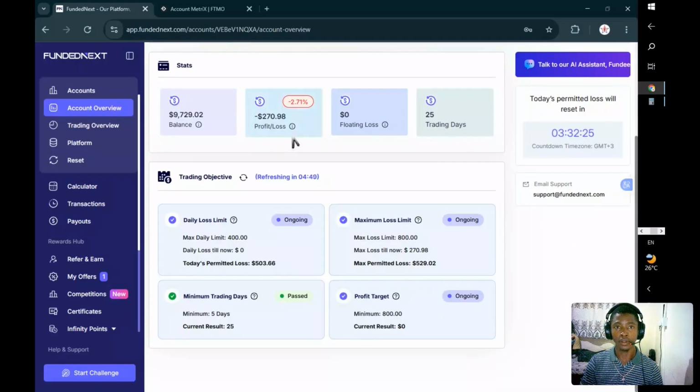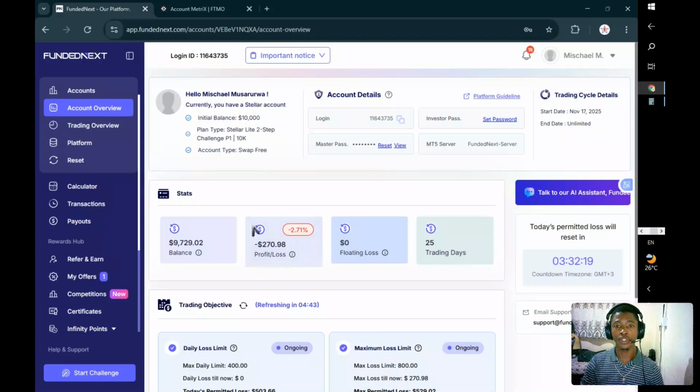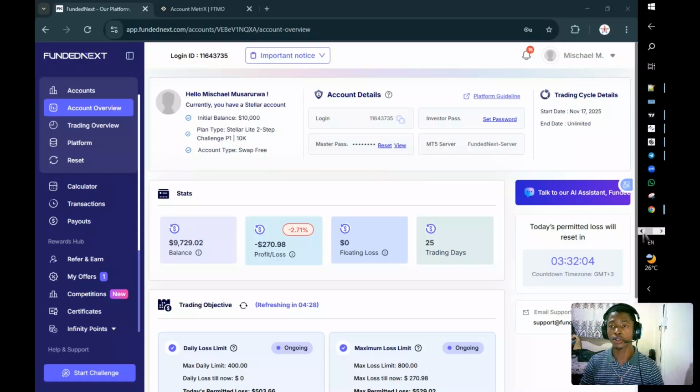As you can see, the information matches with the one on our journal, our strong journal. Yes, I've made some payouts, especially with my personal account and some other accounts, but with FundedNext, I've not yet gotten a payout. This is the first account, and it just so happened that I'm always grinding.